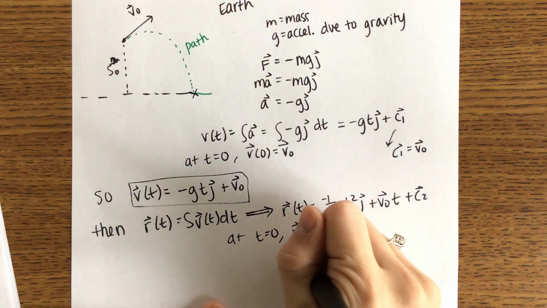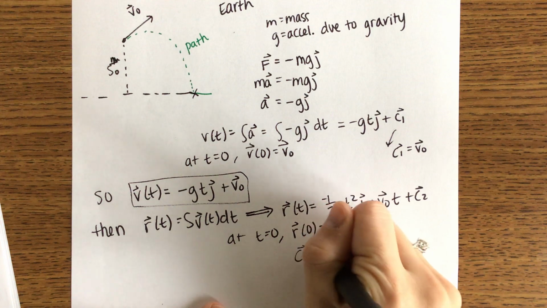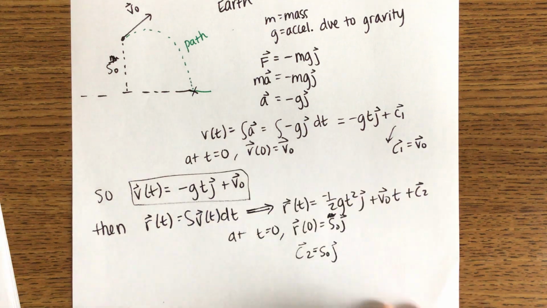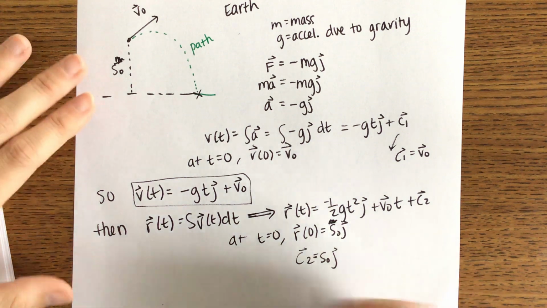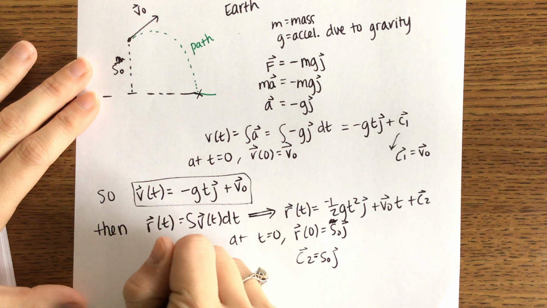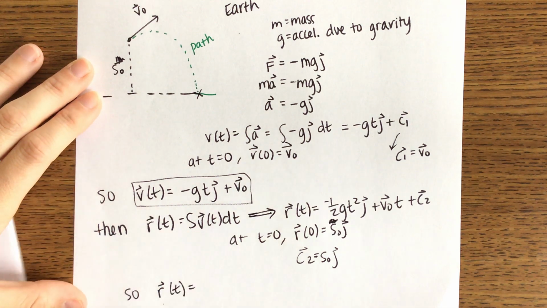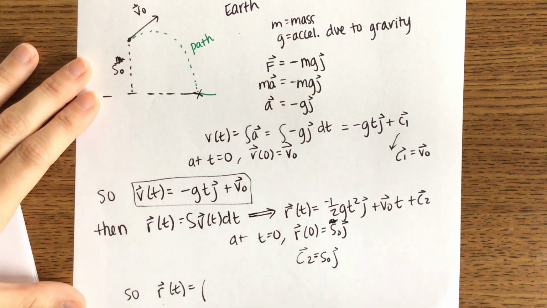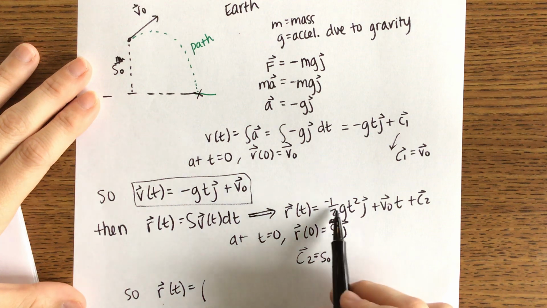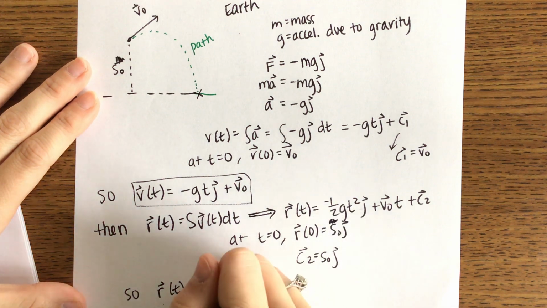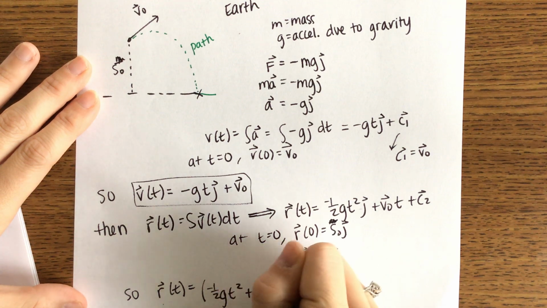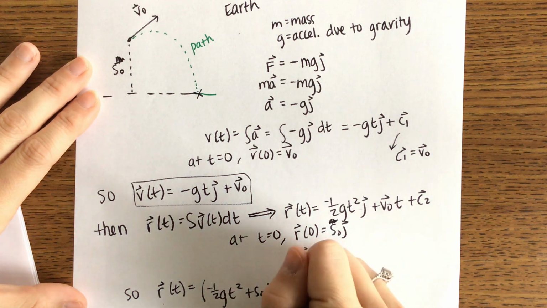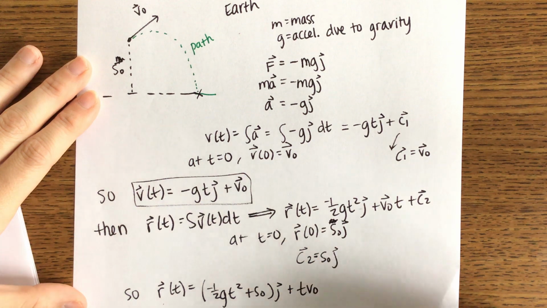Okay, so we get c2 is equal to s sub 0 times j, j just meaning that it's moving up. So next thing we know is that the position function, bringing together the j's, so this one and this one, is negative 1/2 g t squared plus s sub 0 times j plus t times v sub 0.